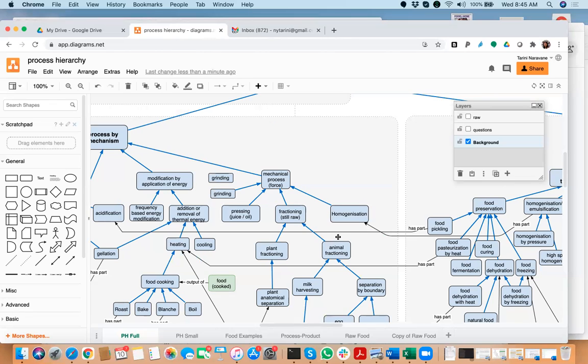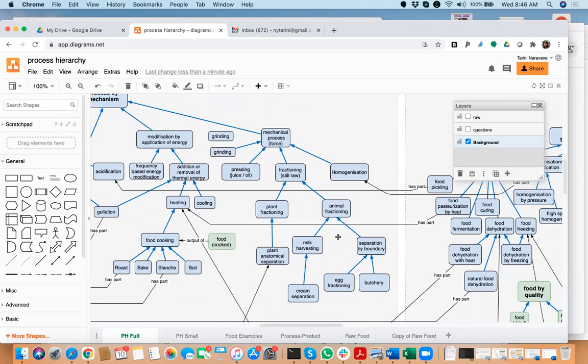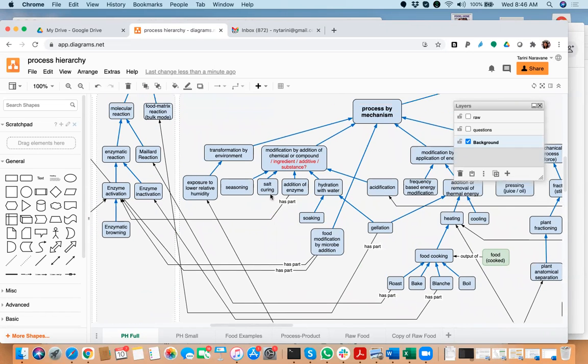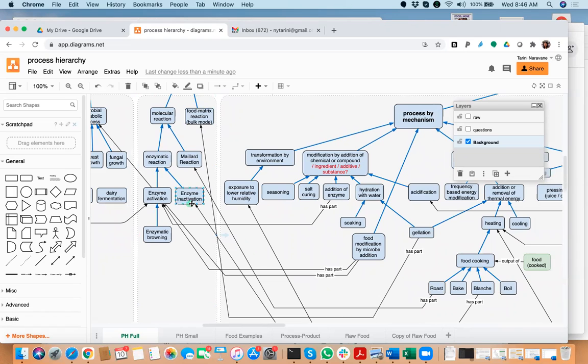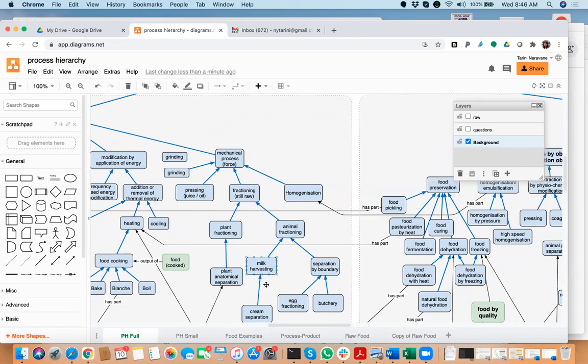We can isolate that process out from an enzymatic reaction process that's triggered by the cutting. So I'm seeing now the creation of these dependencies of relations. And actually, that's why there is here the enzyme. We've got these molecular reactions, enzyme activation and inactivation, and then these would link here. Mm-hmm. That reaction would be part of this process.